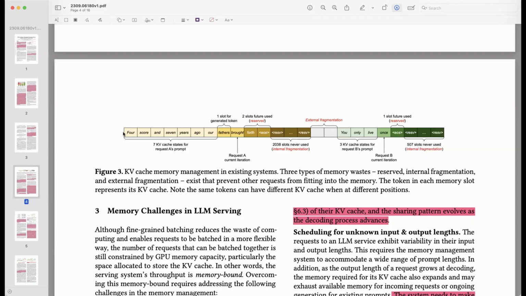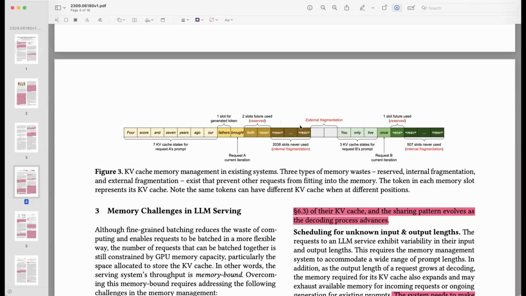So when you allocated the memory for this request, you allocated the max context length applicable to that model. But when you finish generating, you realize you generated only this many tokens, so the remaining space is not used anymore. You allocated it for this request, but you never used it.